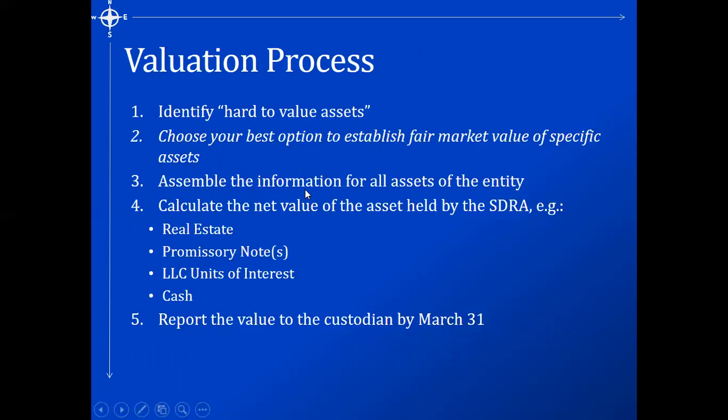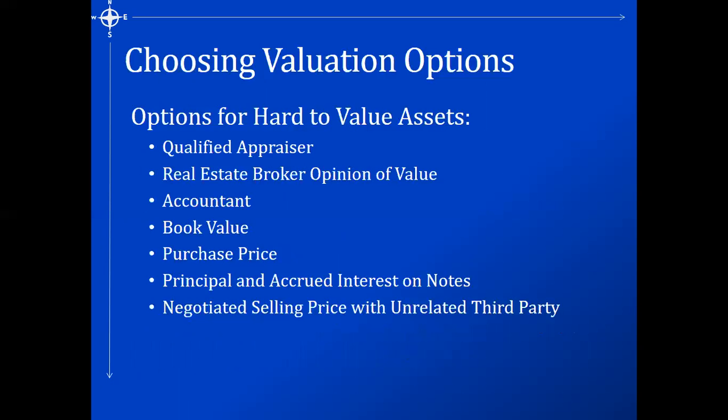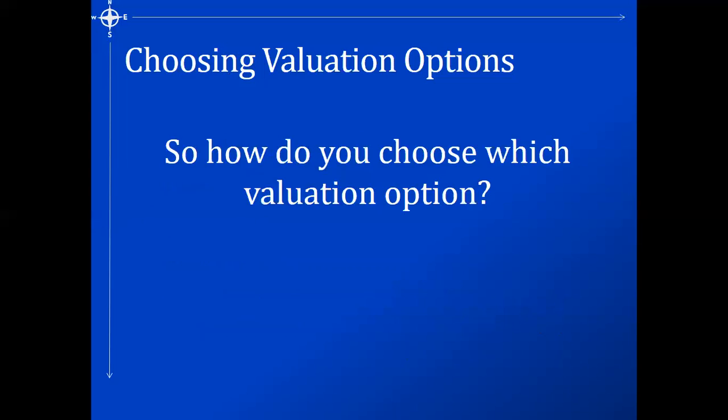So let's get back to this issue of choosing what your best option is to establish the fair market value of the specific assets that you have to value. Again, we talked about what the various different options are. We might have a qualified appraiser, opinions of value, we use our accountant, book value, purchase price, etc. But how do you choose which valuation option to pick?